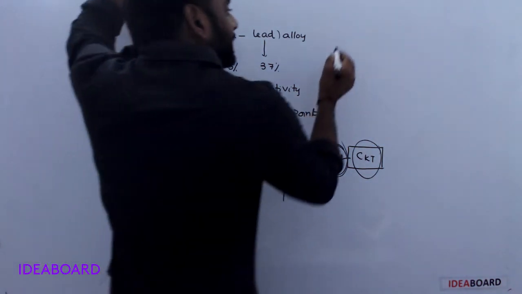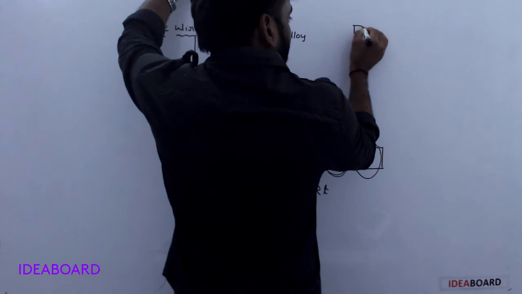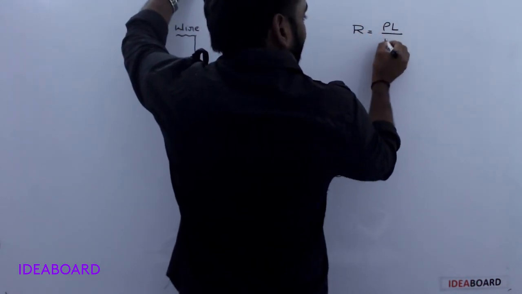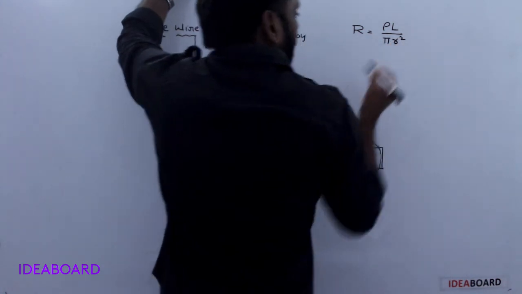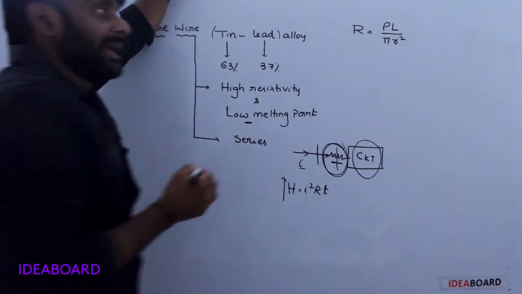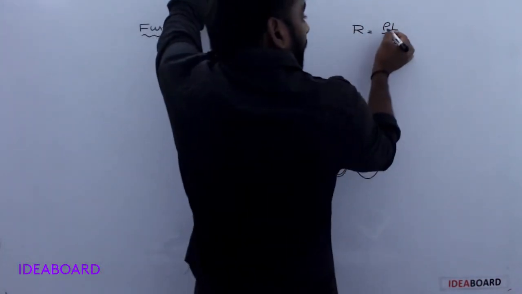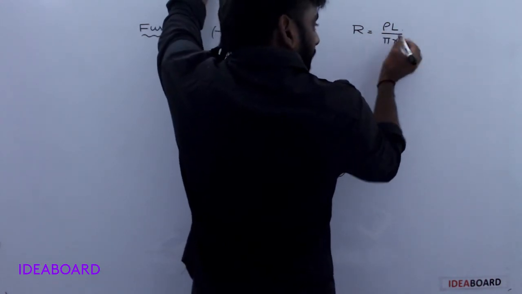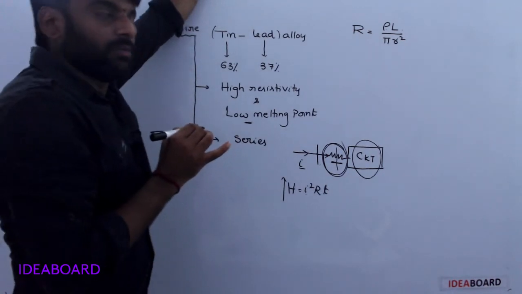Resistance of the fuse wire is equal to rho L by pi r square, where rho is resistivity, L is length of the fuse wire, and r means radius of the wire.